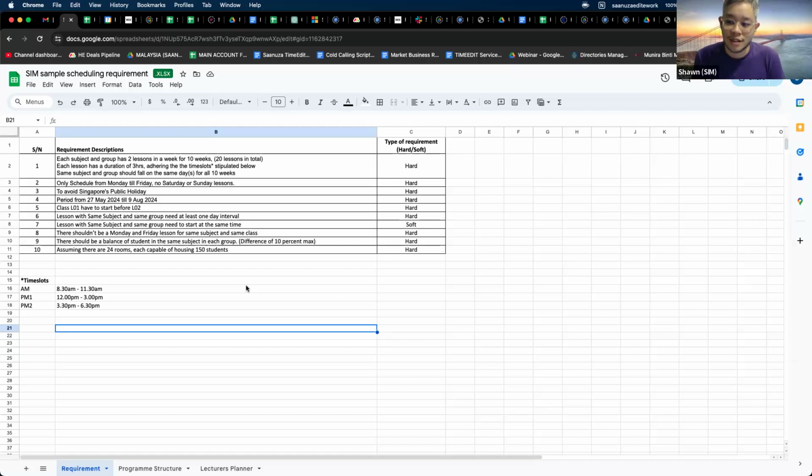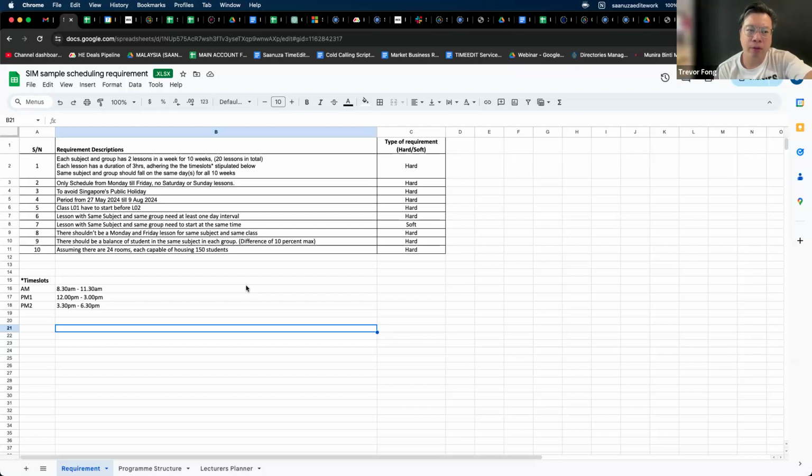You understand what I'm trying to say? If I don't remove the rooms, then actually at SIM we have 100 rooms, and you can squeeze everything into the same day, same time. Then it would be an issue, because in real life these 100 rooms may be used for other things. Yeah, got it.